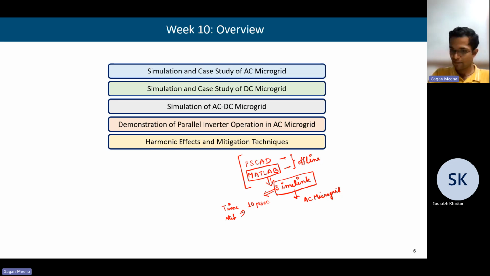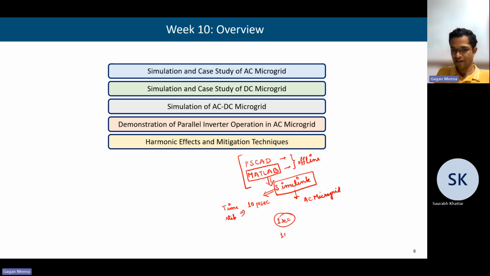Although the model will be solved for each 10 microseconds, the time required to solve the model for each of these 10 microseconds matters. Let's say we want to simulate the model for 1 second.